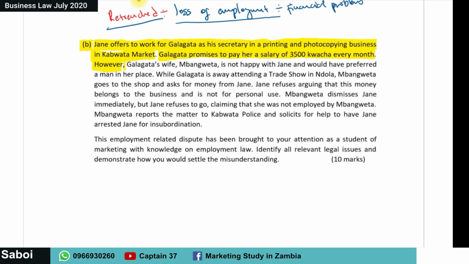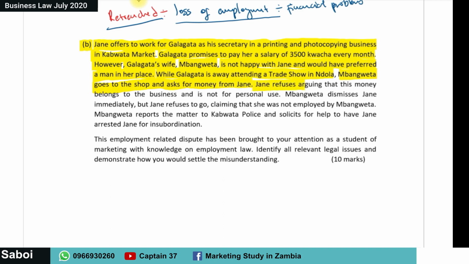However, Galagata's wife, Mbangweta, is not happy with Jen and would have preferred a male in her place. While Galagata is away attending a trade show in Ndola, Mbangweta goes to the shop and asks for money from Jen.